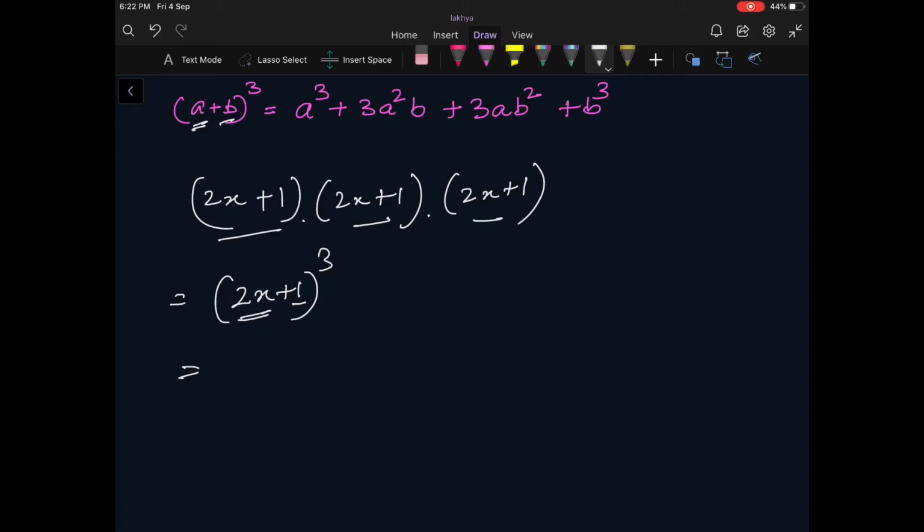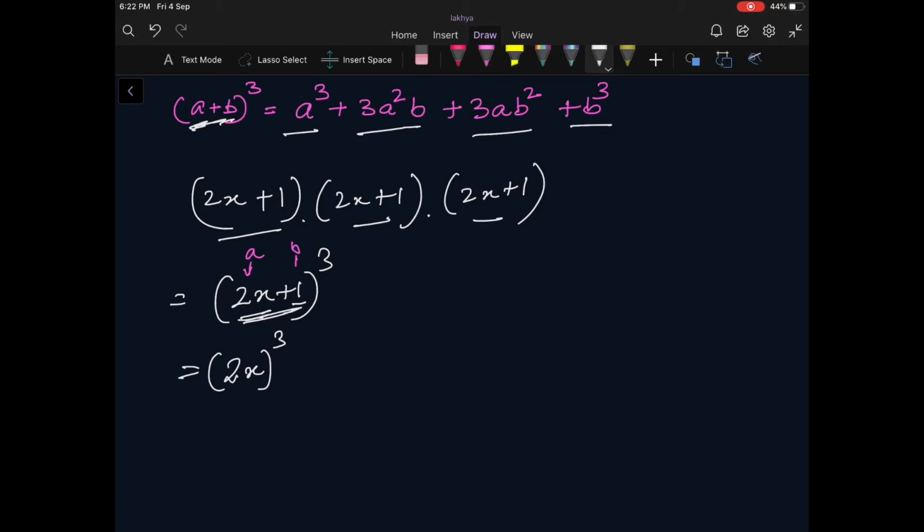Cube of this expression twice x plus 1. When a plus b whole cube is equal to a cube plus thrice a square b plus thrice a b square plus b cube, then the cube of this must be a cube, that is twice x whole cube. Instead of a, you have to consider this twice x as a and 1 as b.